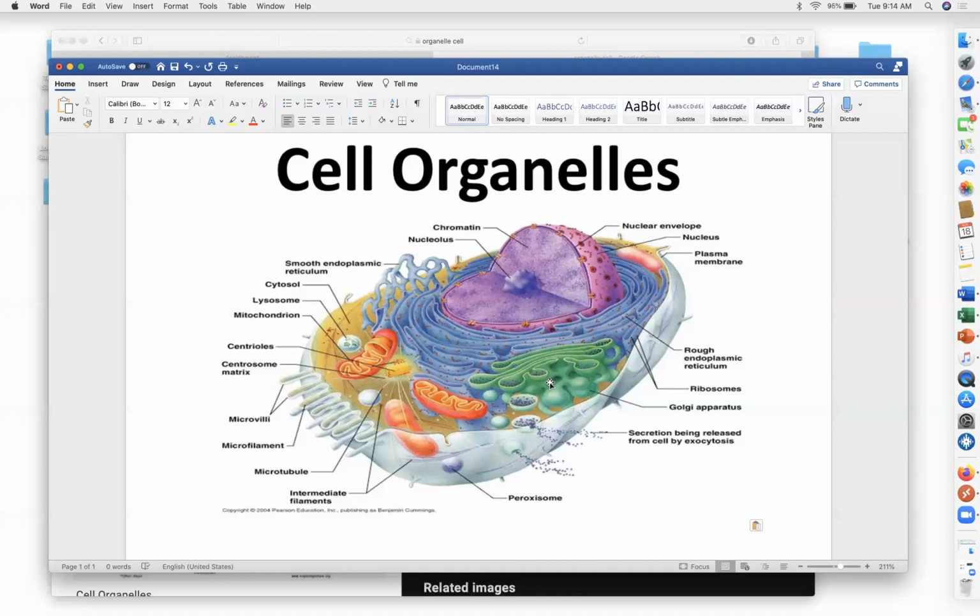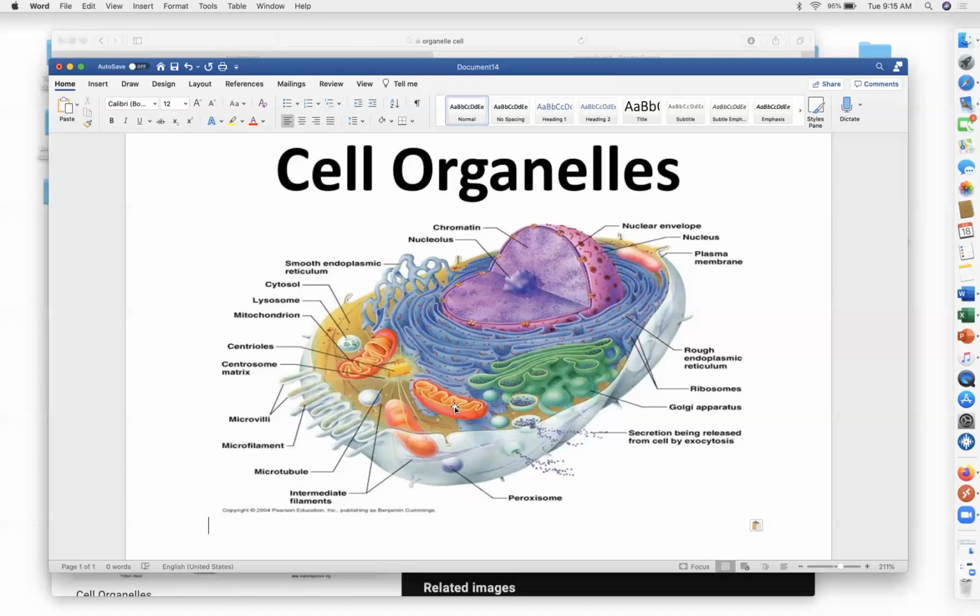So the Golgi apparatus is the mailbox slash FedEx slash DHL packaging system that packages things not only for the protection of the cell, but also for the cell to communicate things into the outside world, whether that be hormones, neurotransmitters, chemicals, or even waste, right? So that's the Golgi apparatus.